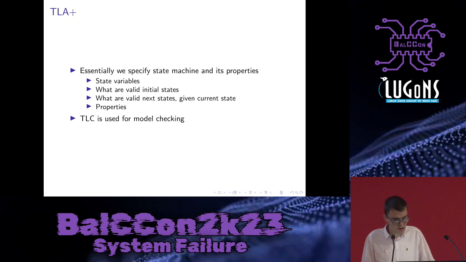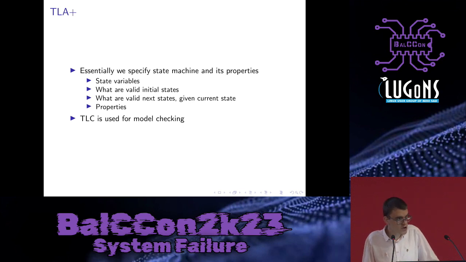So we want to specify what the valid states we want to have in our system are, and what the next state is given some valid state. And then we also want to specify properties we want to check against. And by the way, you can have multiple initial states. In our example, we had only one initial state where PC was equal to start and i was equal to 0, but we can actually have multiple initial states.